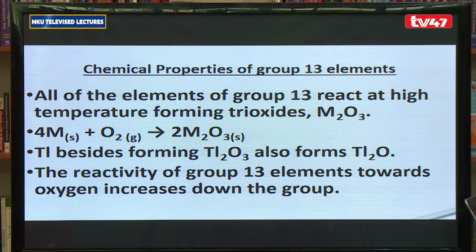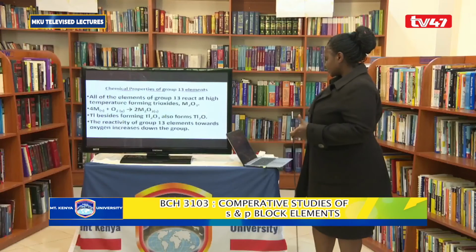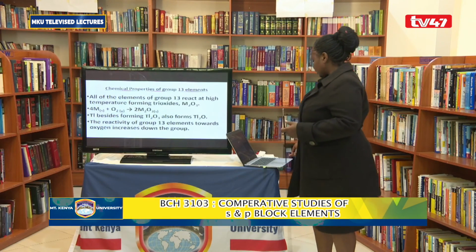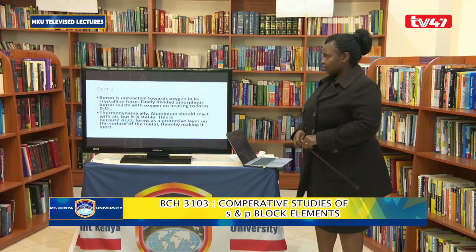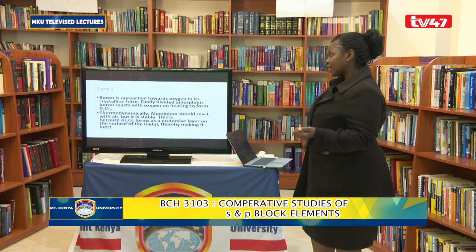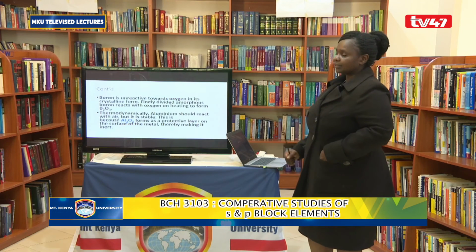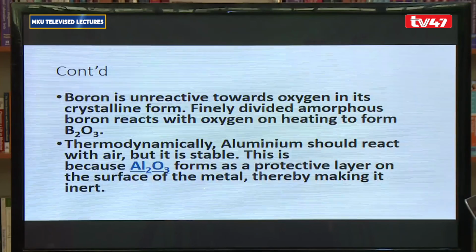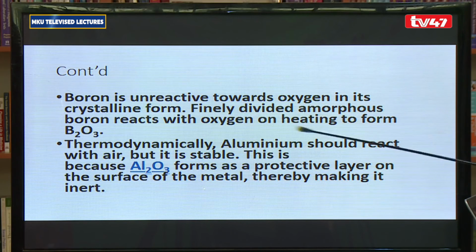Now the reactivity towards oxygen increases down the group because the bigger the atom is, the more easily it will lose electrons and react with oxygen. Boron is unreactive towards oxygen in its crystalline form, but if it's finely divided, then it reacts with oxygen to form boron(III) oxide.